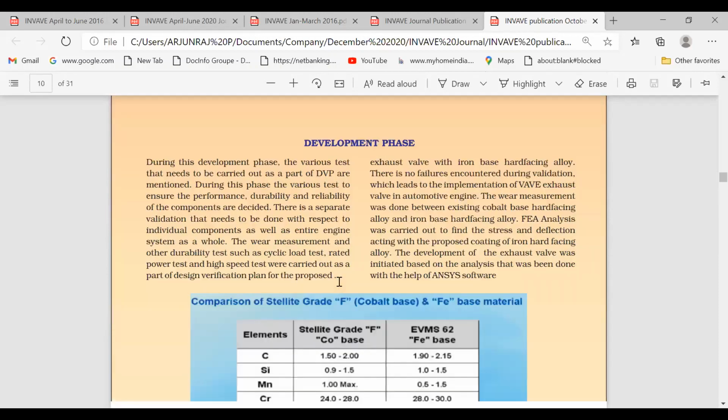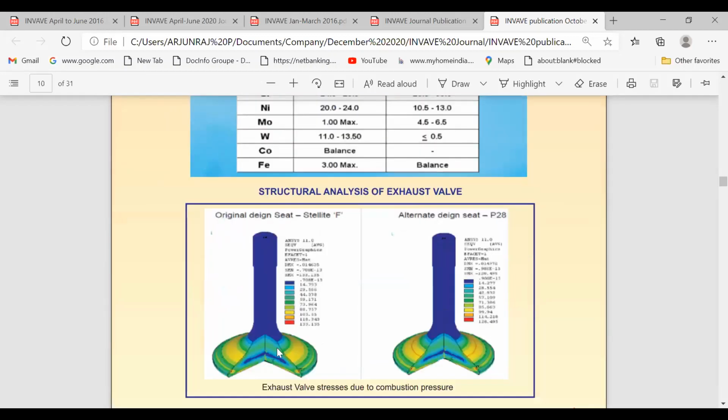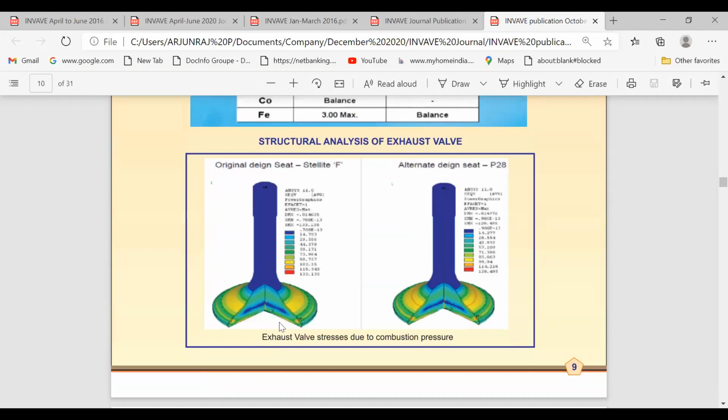In development, what we have done is we have to analyze the material of existing cobalt grade and also the iron hard facing alloy. We compare the carbon content, silicon content, magnesium, chromium, nickel, molybdenum, tungsten, cobalt, iron, etc. So we have also done the stress analysis with the existing already available.